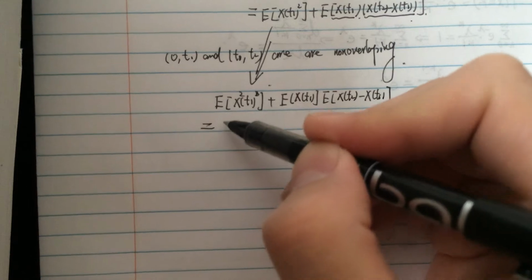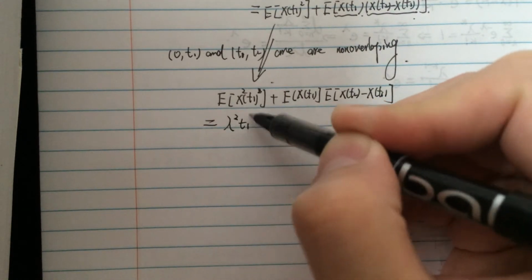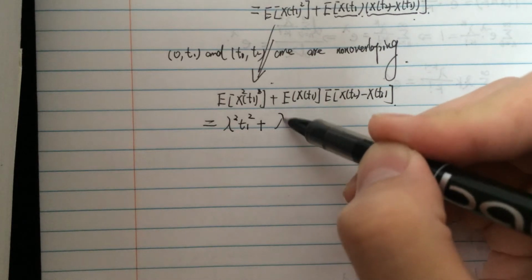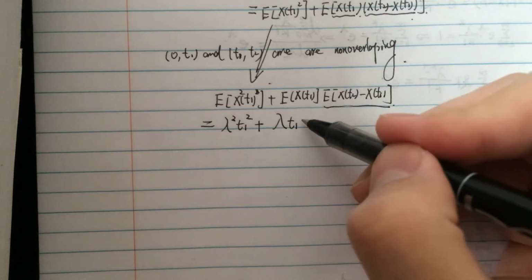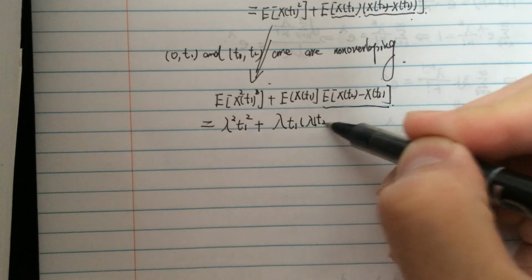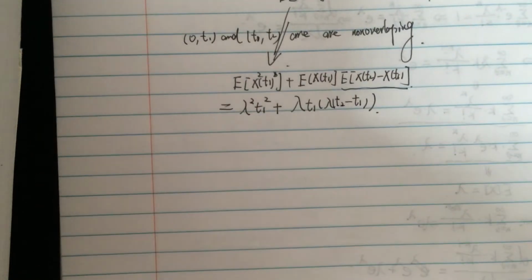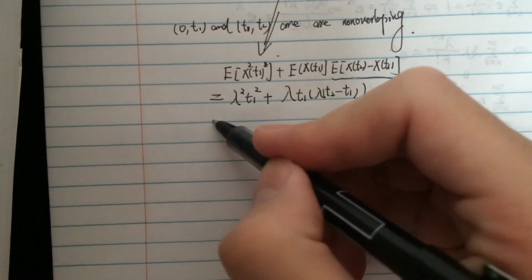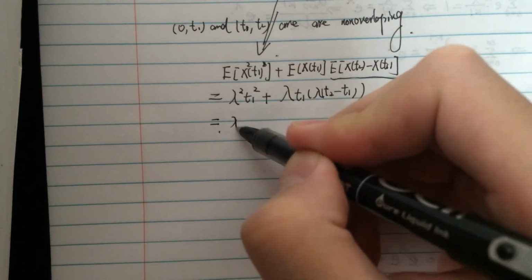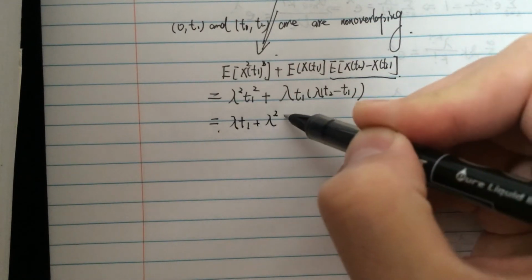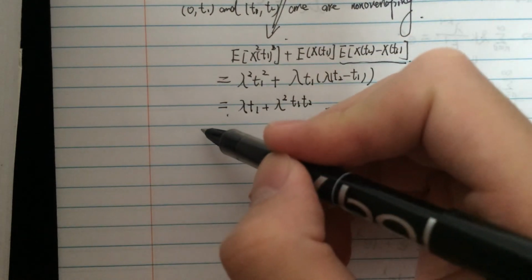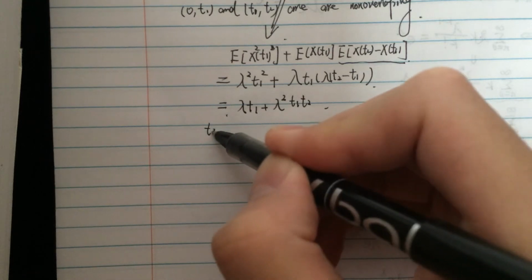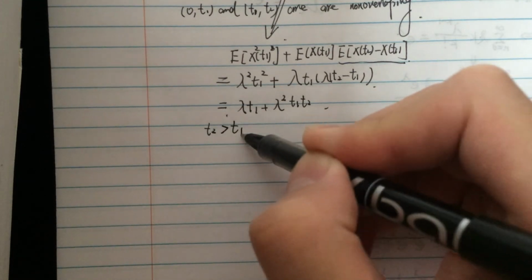This one equals lambda squared t1 squared plus lambda t1, and this one equals lambda times t2 minus t1. After some calculation, we can get the final result: lambda t1 plus lambda squared t1 t2. In this case, we assume t2 is larger than t1.